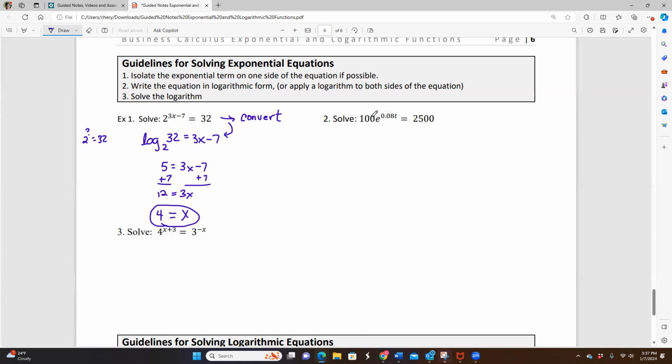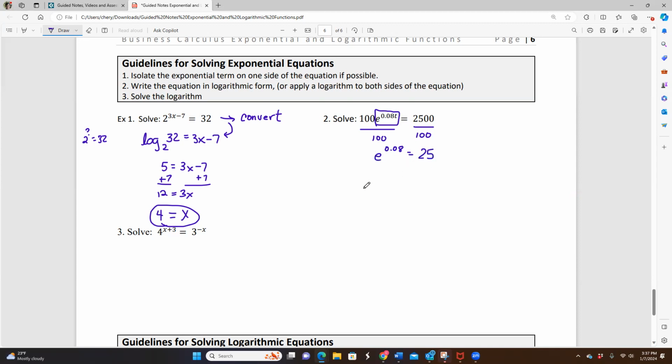In example 2, we have 100 times e to the 0.08t equals 2500. So here, again, we want to isolate the exponential term. This is our exponential term. So to isolate it, we're going to go ahead and divide by that 100, which is multiplying the e. This will give us e to the 0.08t equals 25. Now we'll convert.